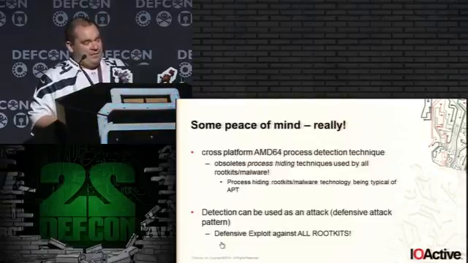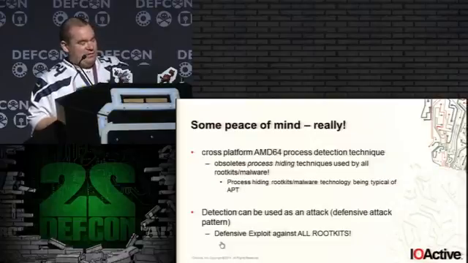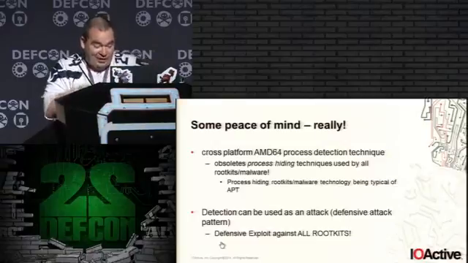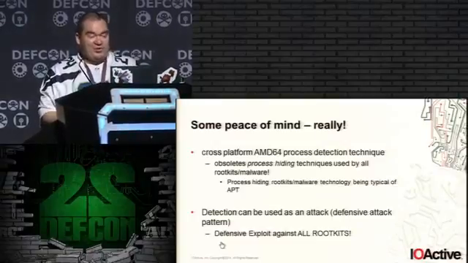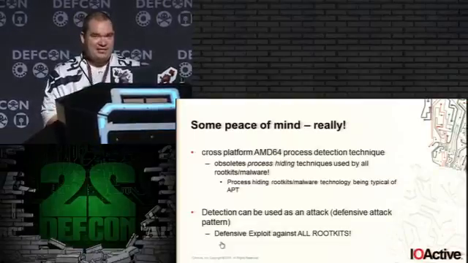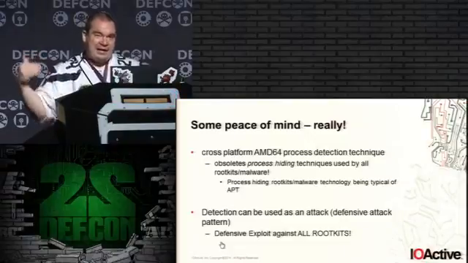Now, after this talk, you can qualitatively say, absolutely, I found everything. I did look at everything. There's no hidden process, or maybe there is something new, but no rootkit is safe that I know of at this point. Especially in a hypervisor.